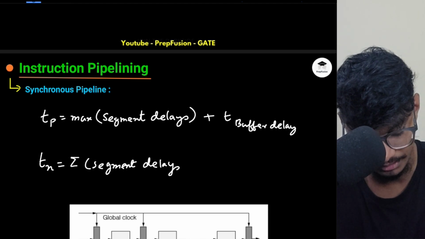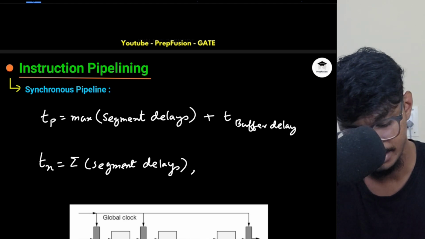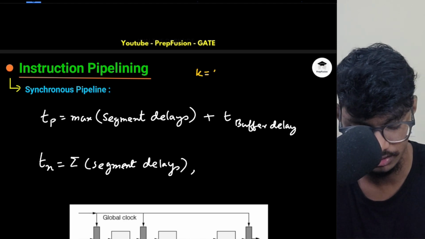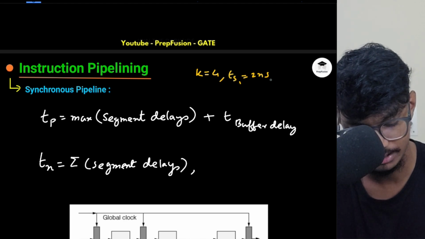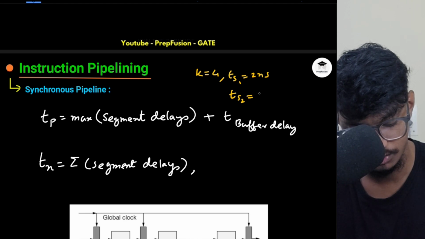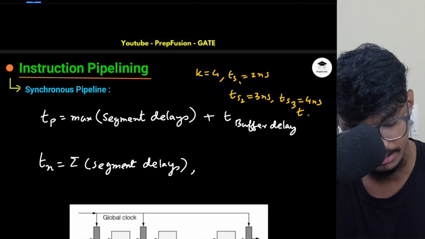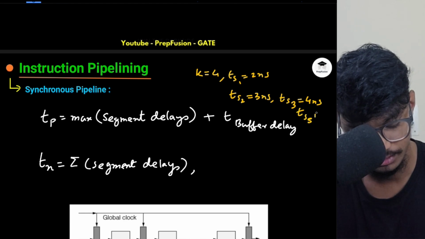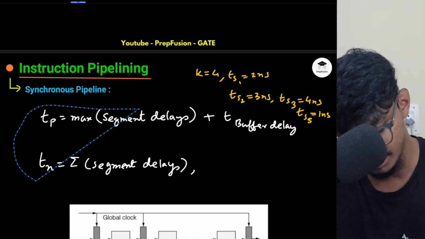So let me take an example here. Let's say I have 4 segments, so k equals 4, and ts1 equals 2 nanoseconds, ts2 equals 3 nanoseconds, ts3 equals 4 nanoseconds, and ts4 equals 1 nanosecond.